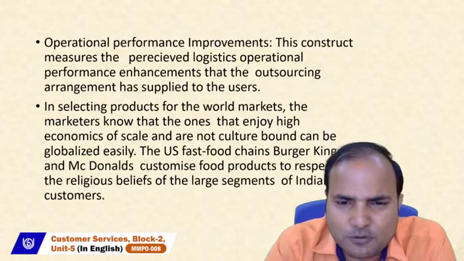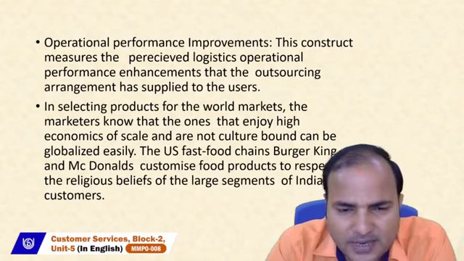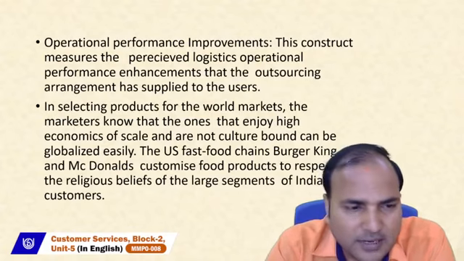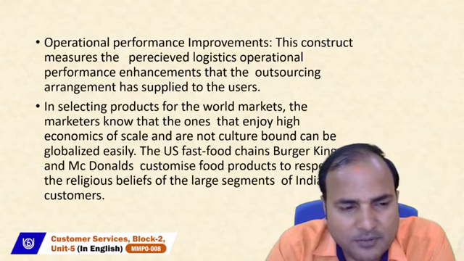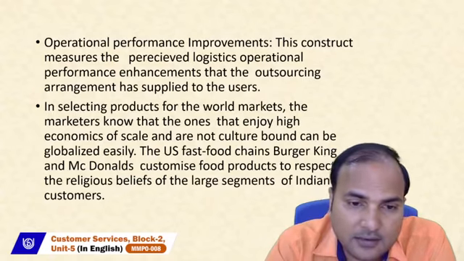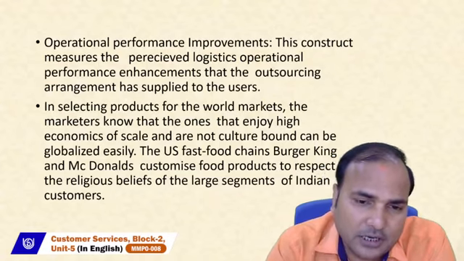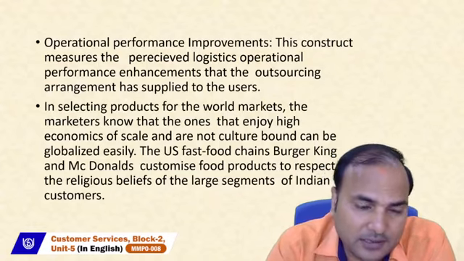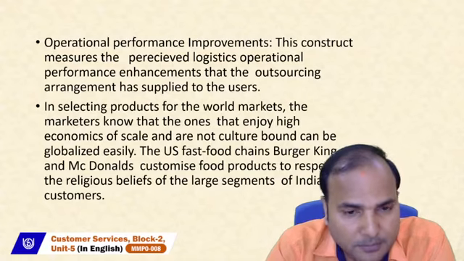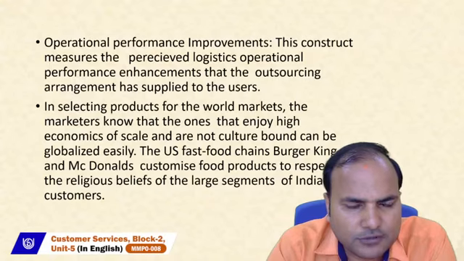The US fast food chains Burger King and McDonald's customize their food products to respect the religious beliefs of a large segment of Indian customers. Otherwise they would not succeed in the Indian market. So customer preference and customer sentiment also have a big impact on the marketing process.